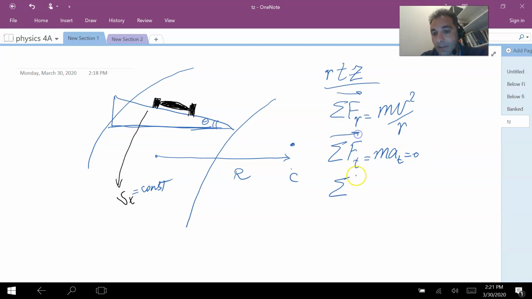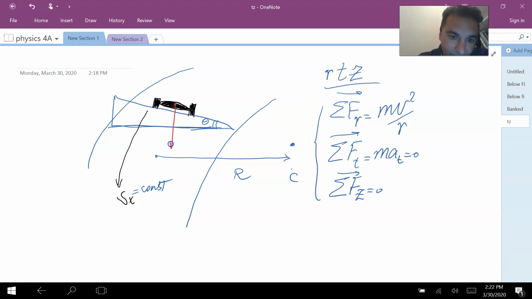And sigma F on the z-axis is 0. Why? Because your car doesn't go up or down. Make sense? So there is no acceleration on the z-axis. So we need to identify all forces. I am going to identify my forces first.